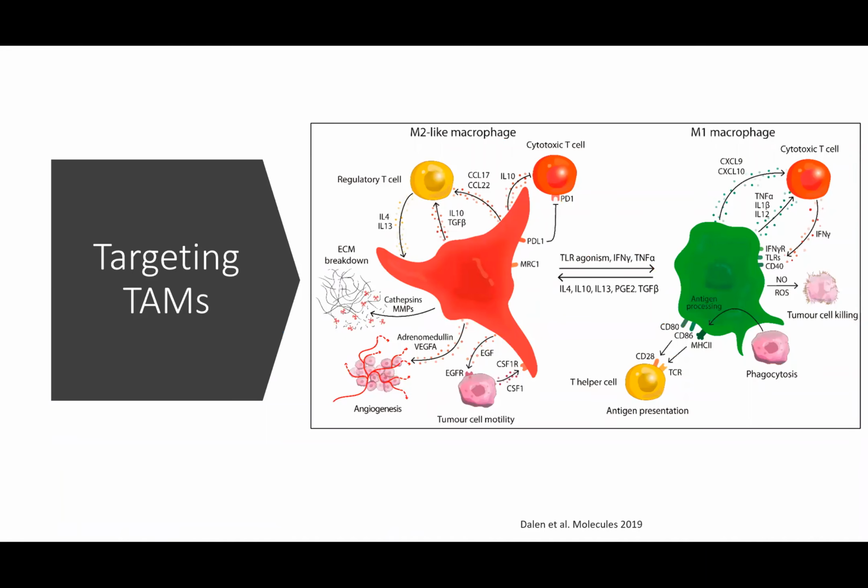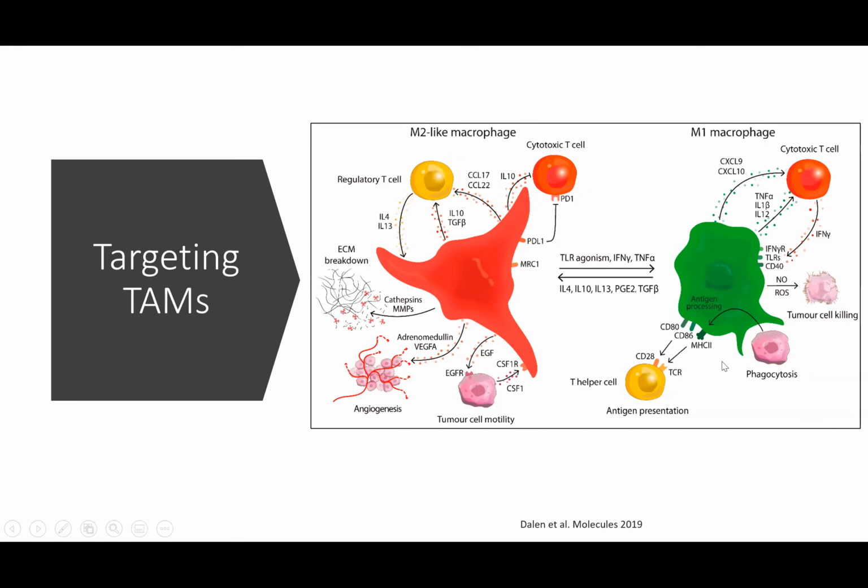So just to summarize, we will use some engineering tools like nanomedicine, for example, to repolarize the tumor-associated macrophages from M2 phenotype into M1 phenotype. We talked about this briefly, and we said that M1 macrophages have an anti-tumoral phenotype.